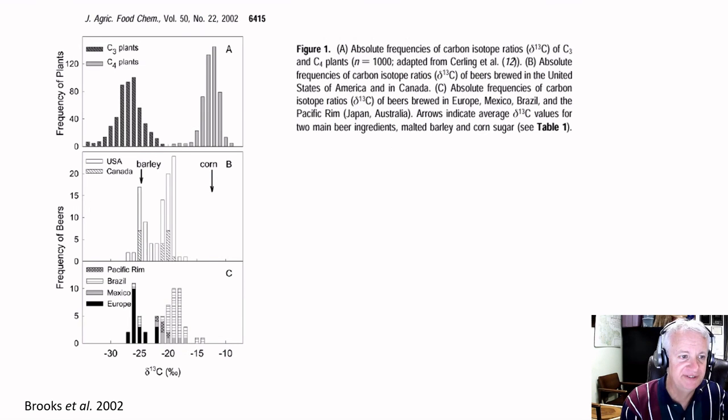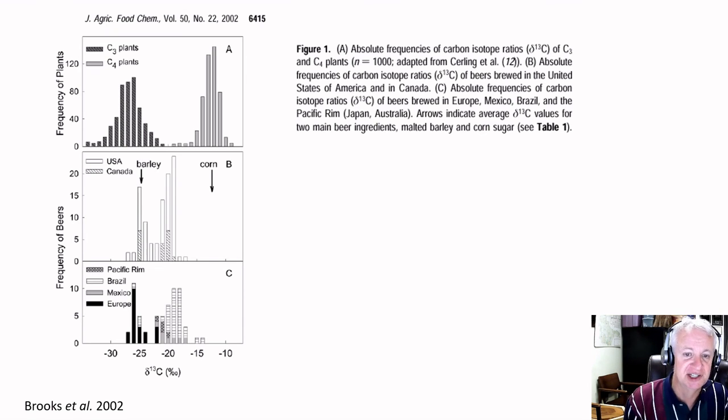This final one's pretty fun because I like beer. This is basically from the food science area. This shows how we can use carbon isotope discrimination measurements to determine whether beer is made primarily with sugars from C3 plants or C4 plants.